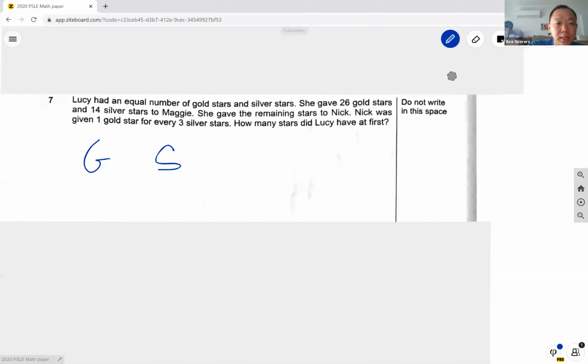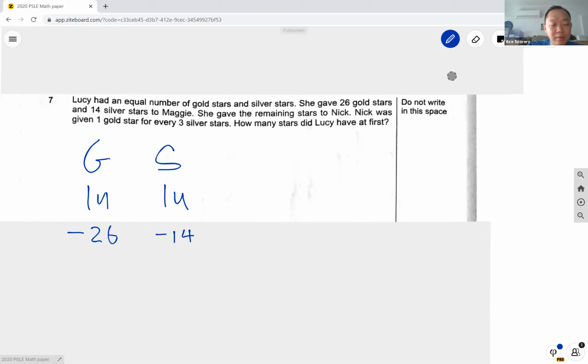Yeah, so have the same number. So we start with 1 unit each. So minus 26 gold stars, take away 26, and 14 silver, take away 14. She gave the remaining stars to Nick. Nick was given 1 gold for every 3 silver.